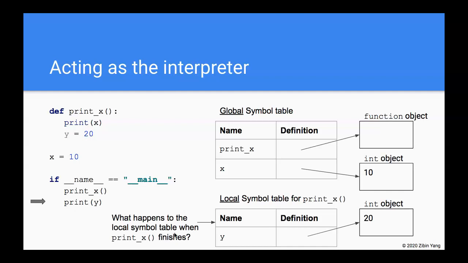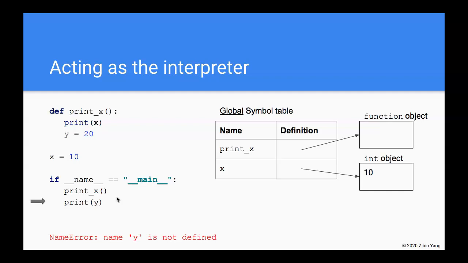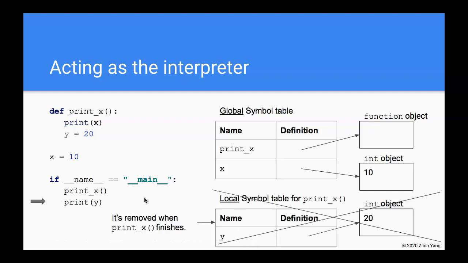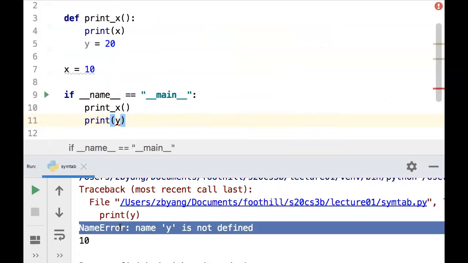What happens when we return from the function? Because this symbol table is local to printx and we're done with printx, that symbol table is gone. There's no longer this local symbol table for printx, and y is gone with it. So when we try to print out y, it couldn't find anything. There's no more y. That's why we see this name error that y is not defined.